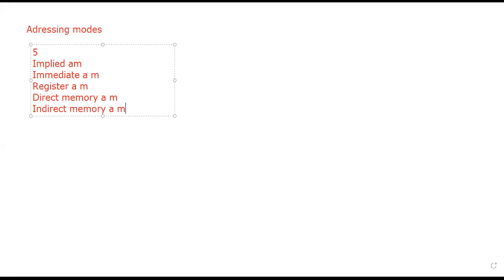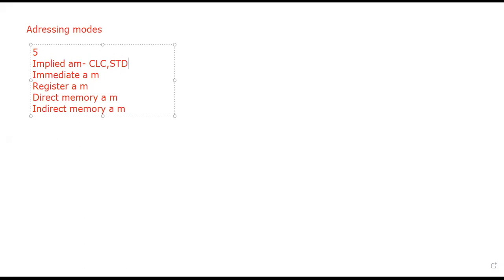So what does it mean by implied mode? Implied in the sense we are not using any register. No register is used. It describes its meaning by the instruction itself, like CLC, clear carry flag, or STD, set direction flag.